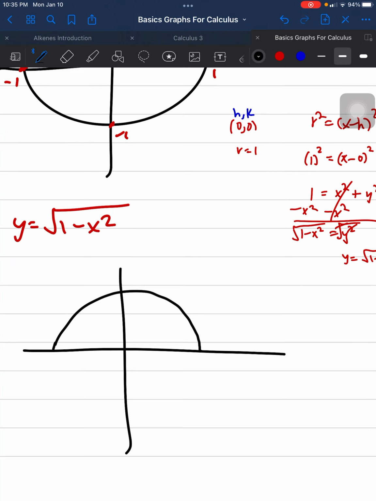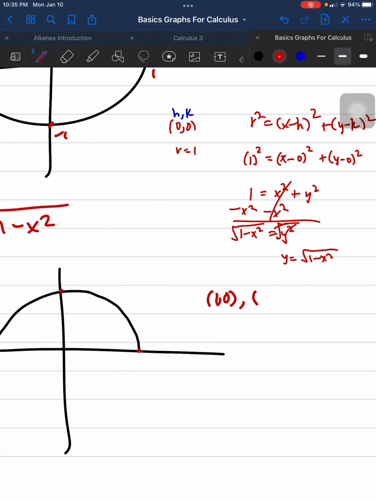Its range is restricted because of the square root, and its critical points are right here. Its critical points are 1, 0, 0, 1, and -1, 0.